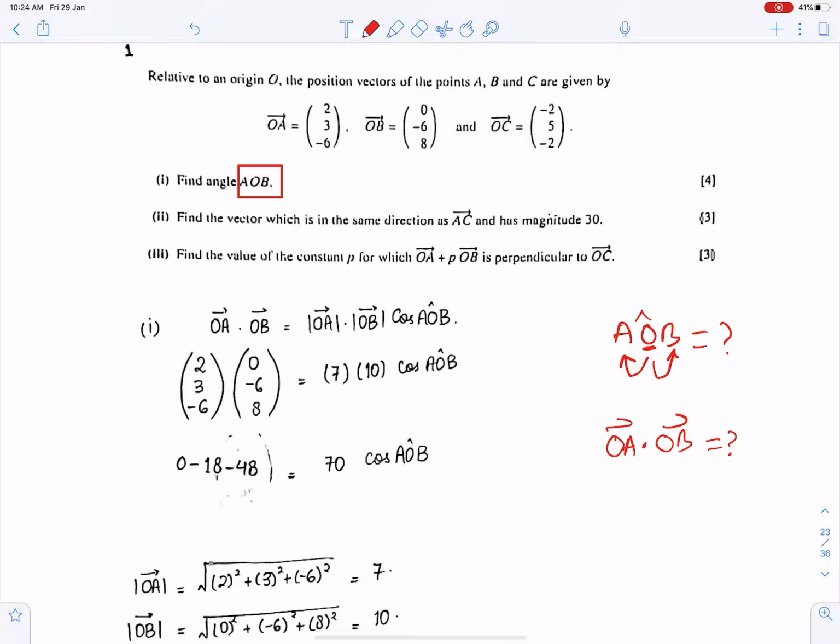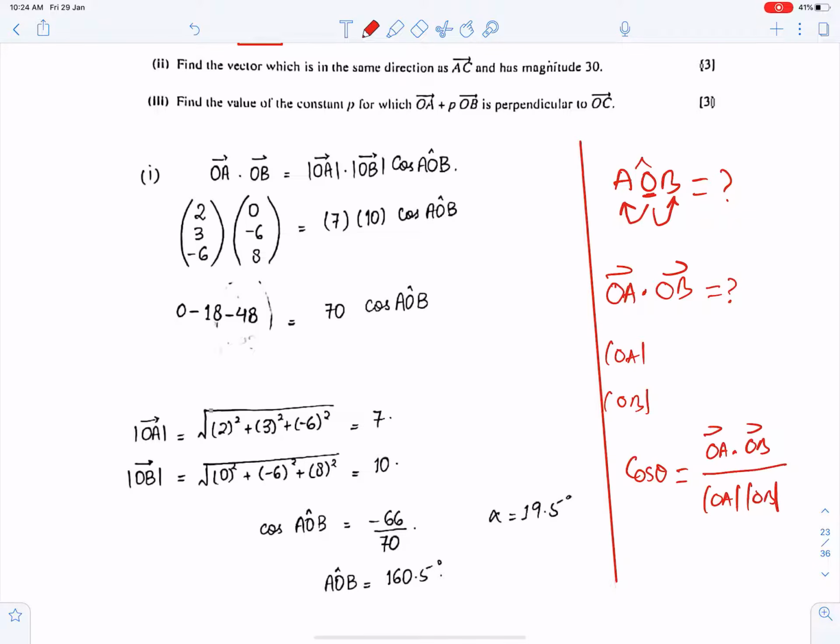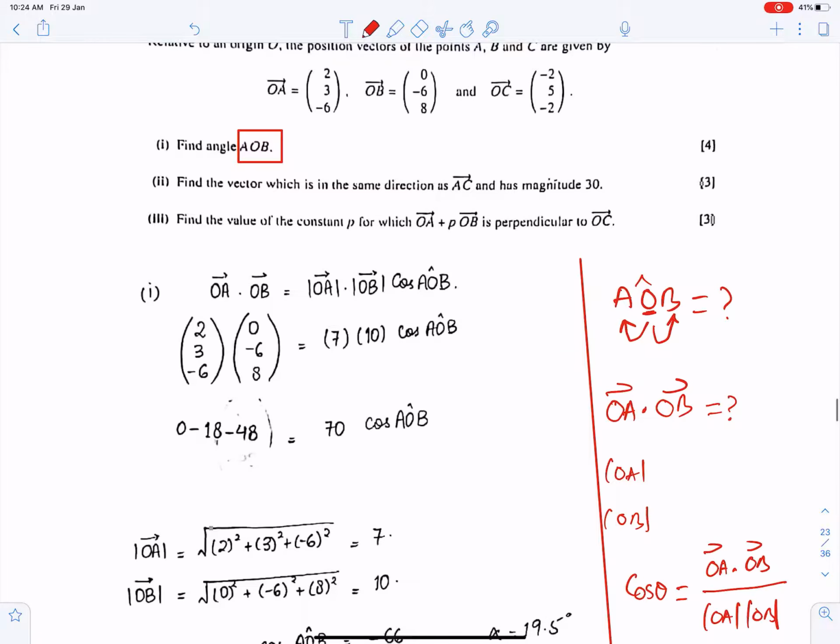First get the dot product of these two, then get the magnitude of these two vectors separately, and then substitute them in the formula of dot product. This is the formula of dot product. So this is the concept. See the solution.